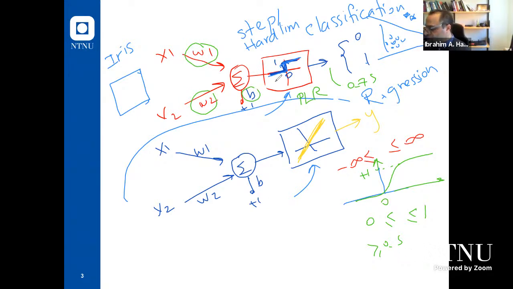If you use a continuous function, this sigmoid function, for example, maybe you can use something like gradient descent, because the function is differentiable. This function is not differentiable, so we need to use the perceptron rule. But if we can differentiate this one, in this case we can use gradient descent to solve this problem.